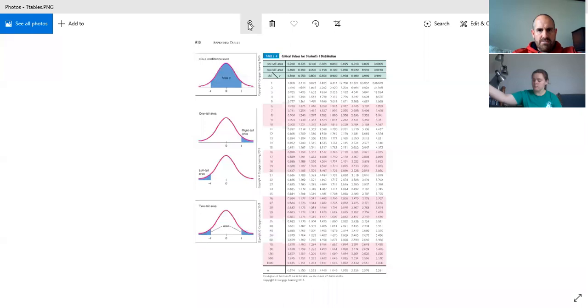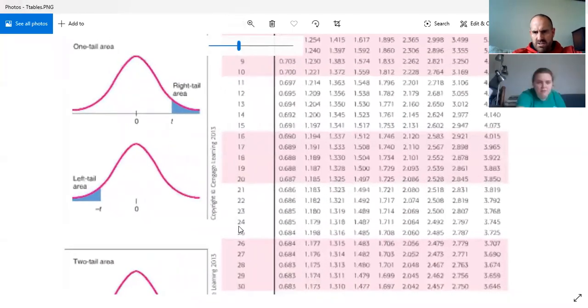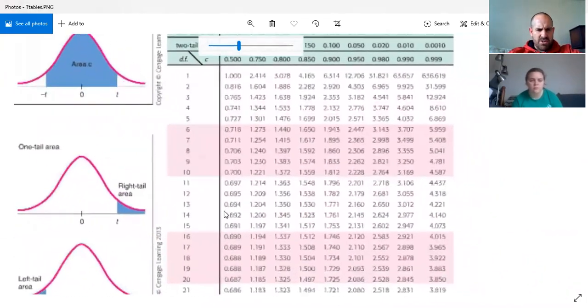Okay, so here, I'll actually share this with you. I'll zoom in on this in just a minute. Do you see that? This is like a t-table, and it tells you how this works.